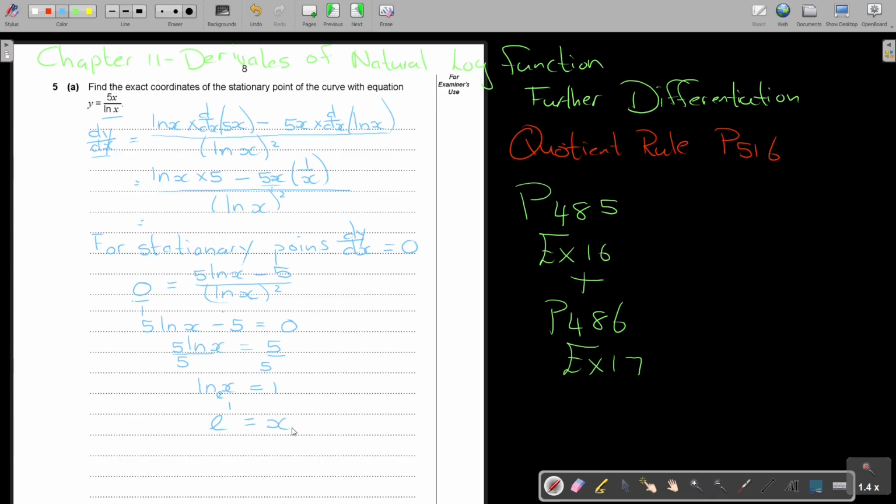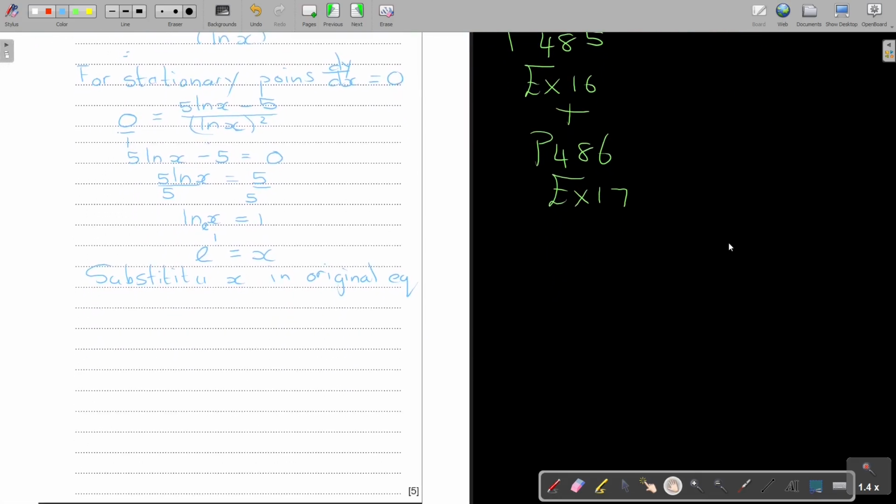Now, they said, go back to the question, find the exact coordinates. The word exact means don't go to decimals. Leave it as e. Otherwise you will make a mistake and you will not get your marks. So now I substitute x in the original equation.